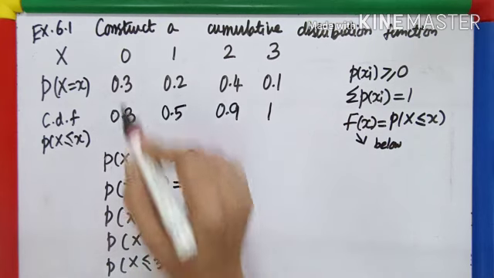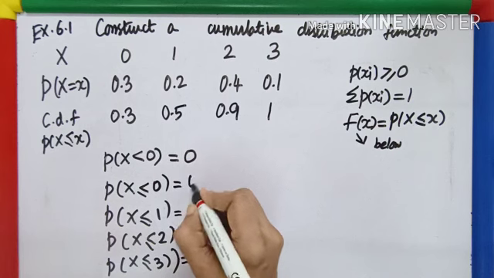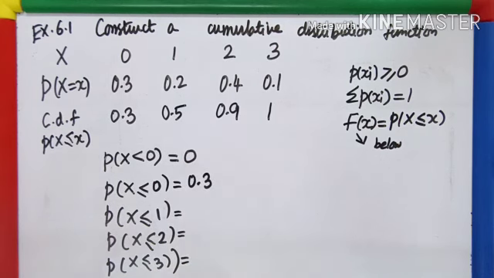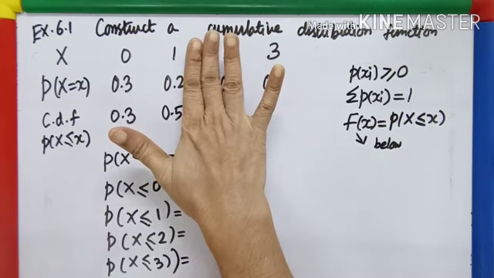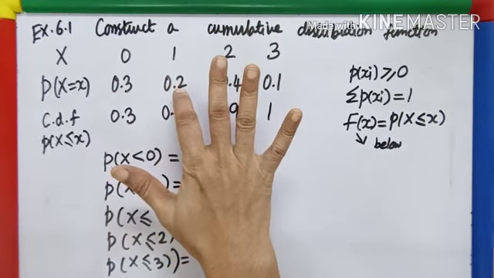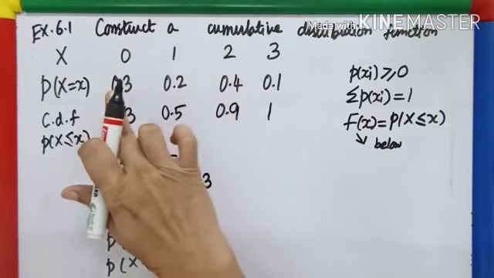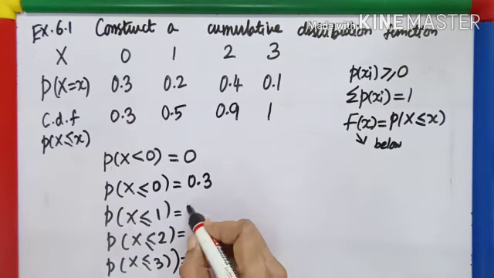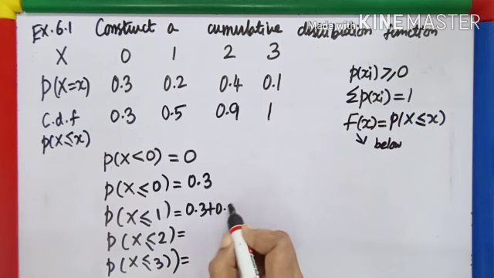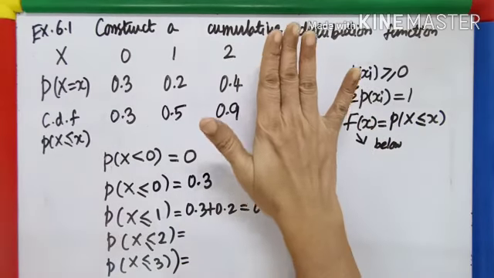Now, less than or equal to 0 tells me first value 0.3. When I come up to less than or equal to 1, add these two. 0.3 plus 0.2, my answer is 0.5. So below 1, it is 0.3 plus 0.2, which is nothing but 0.5. When I come to below 2, add all.